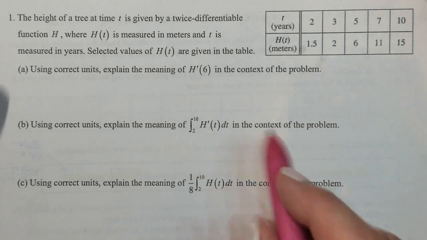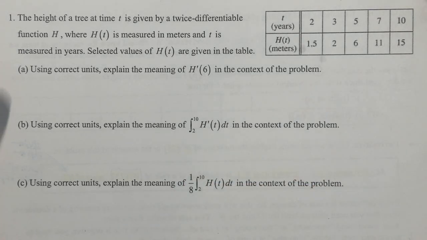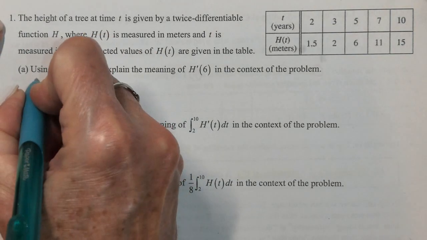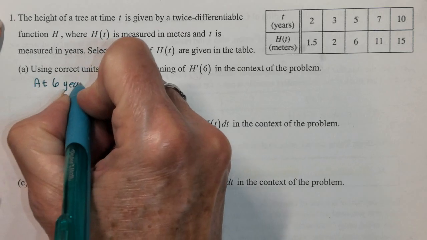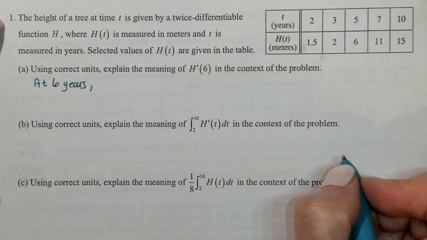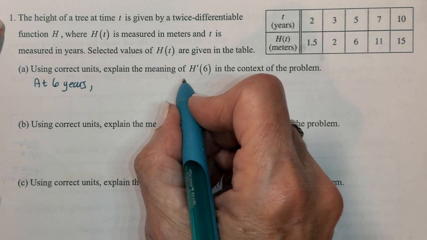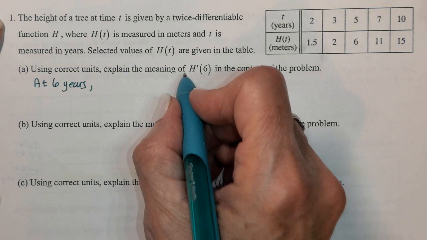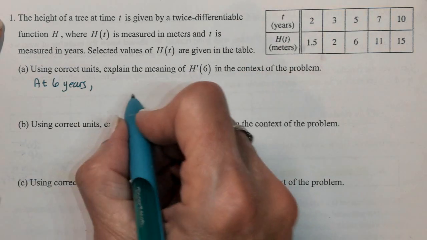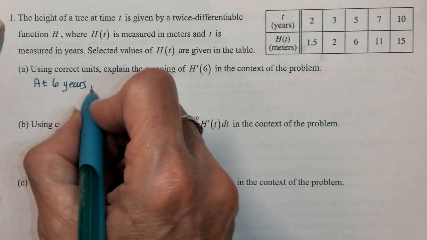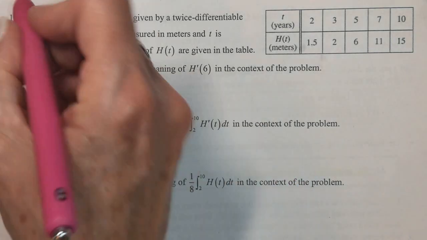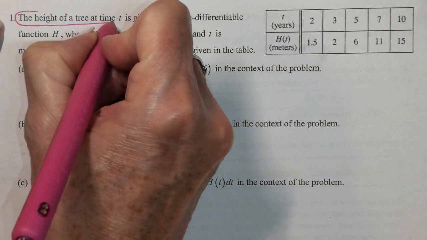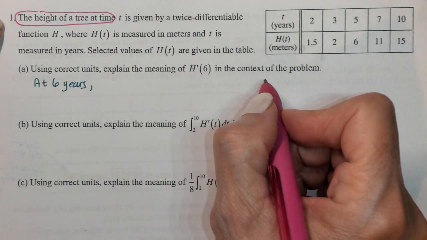What is the meaning of it? Well, at 6 years, h is changing at a rate of, but I don't put h, I put the meaning of h. What is the meaning of h? H is the height of a tree.